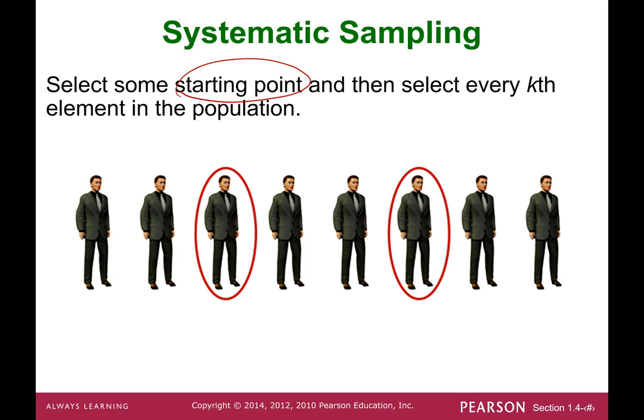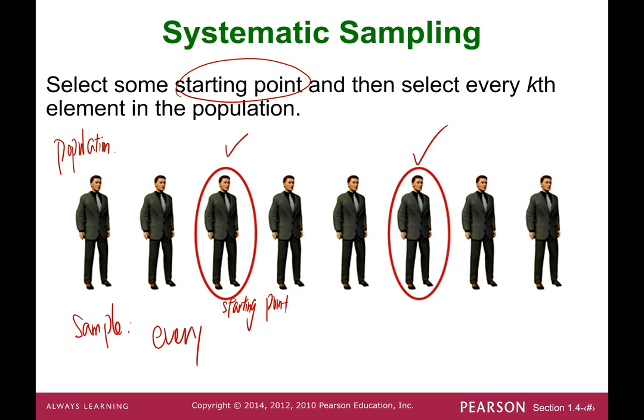In this case, assuming this is the population, for our sample we are picking every third member. Pick a starting point, and from there we pick every third member after the starting point.